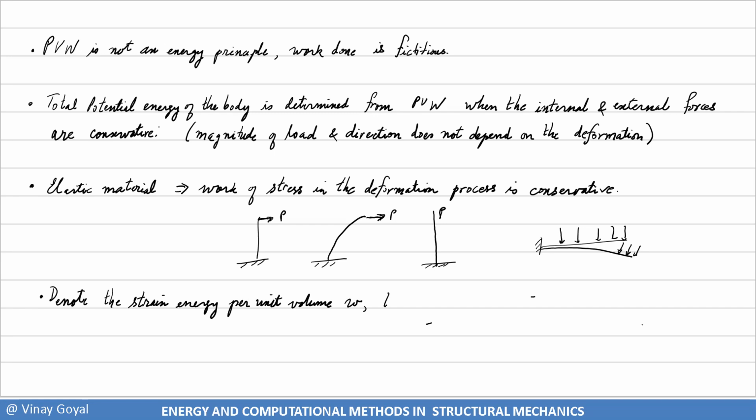We have that the internal virtual work equals the volume integral of sigma ij as it moves through the virtual strains epsilon ij dV.